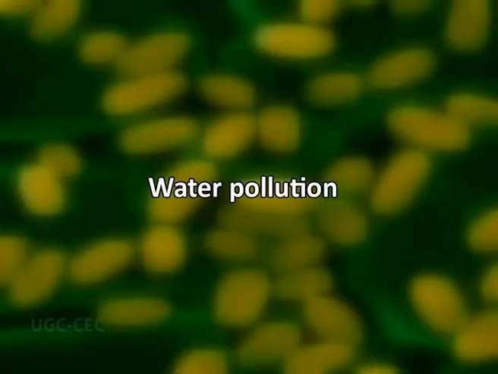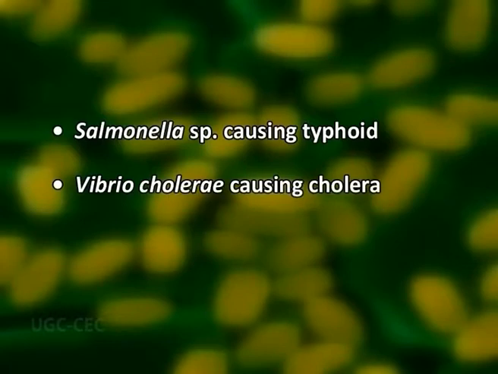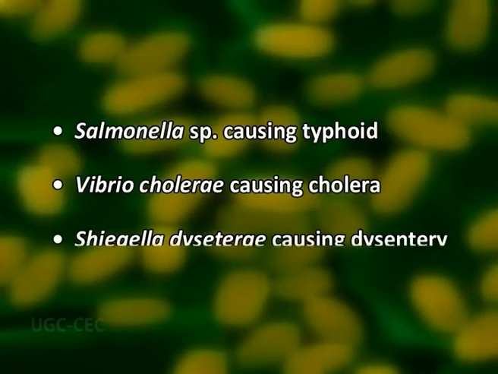One more important negative role of bacteria is water pollution. A wide group of bacteria is known to pollute water and cause waterborne diseases in animals and humans. Bacteria such as Salmonella, which causes typhoid, Vibrio cholerae, which causes cholera, and Shigella dysenteriae, which causes dysentery, are able to grow and multiply in water.